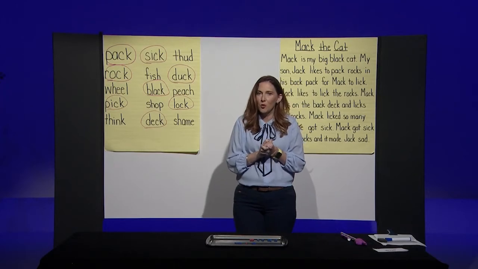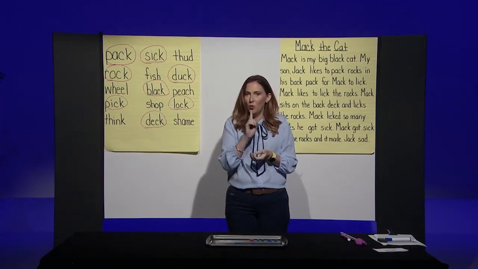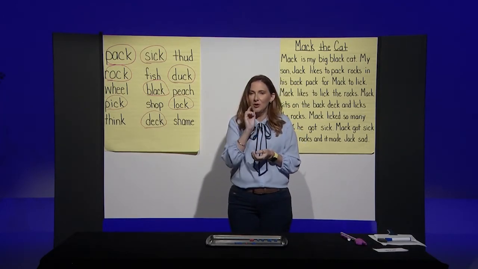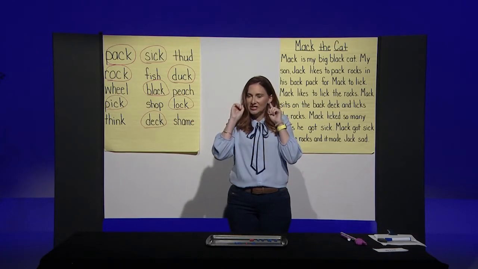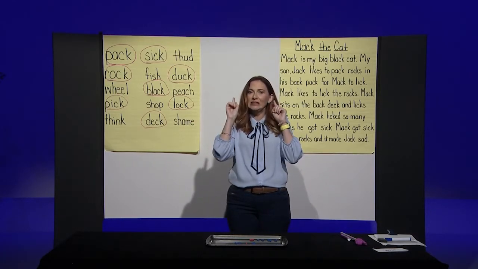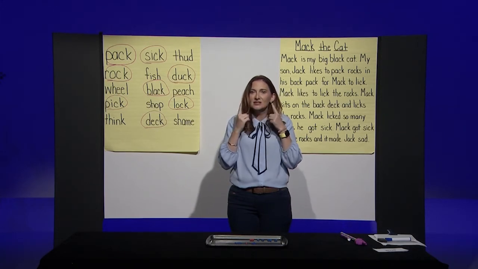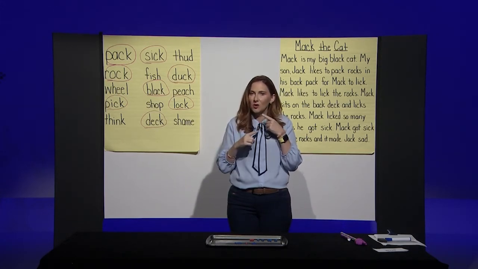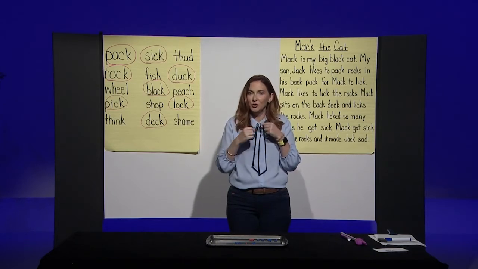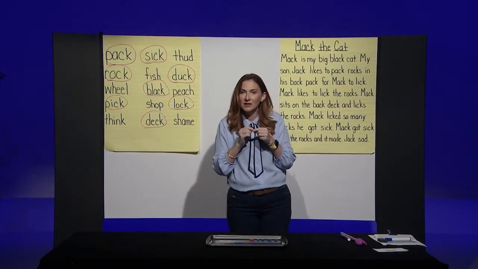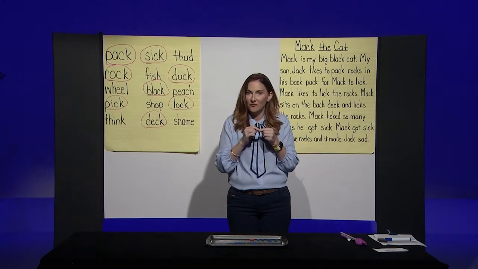Now remember, with the word chain, we are deleting one sound and putting in a new sound. So you have to get your listening ears on and make sure you are listening to the sounds that I say, so we know what letter to take away and what letter to put in place, okay? And remember our positions of our letters, okay?